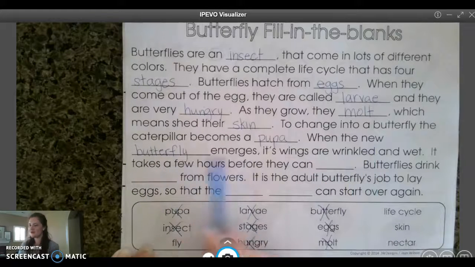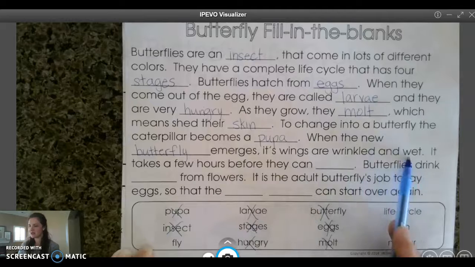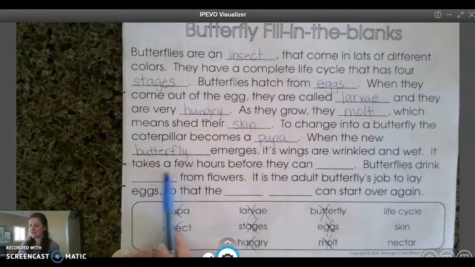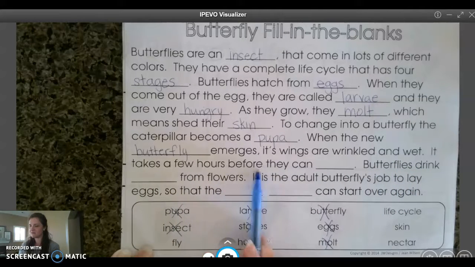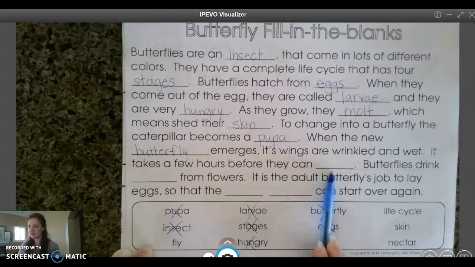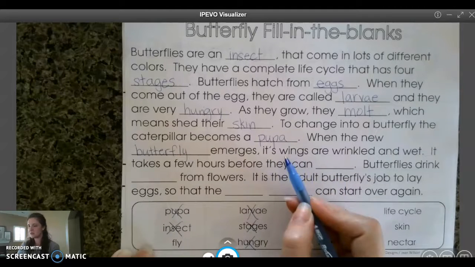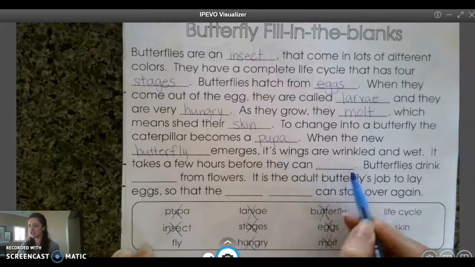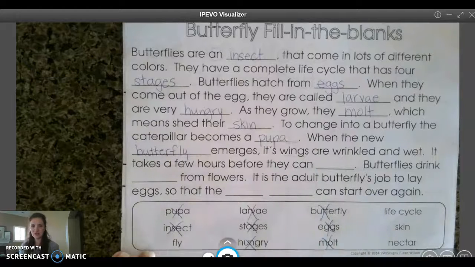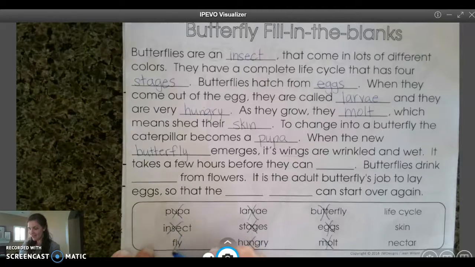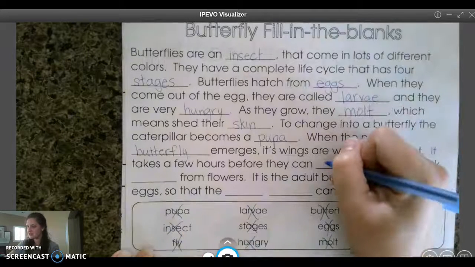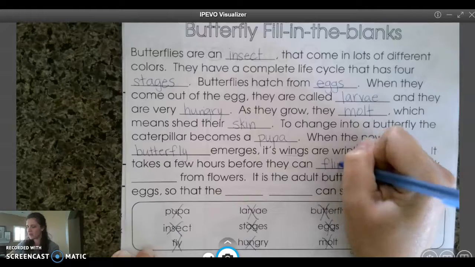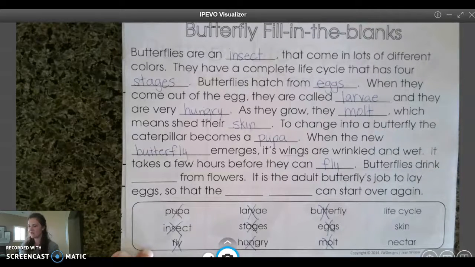When the new butterfly emerges, its wings are wrinkled and wet. It takes a few hours before they can blank. Okay, it's talking about its wings here, and then something it can do. What can something do that has wings? If you had wings, what would you be able to do? Fly. Perfect. So they have to let the wings dry before they can fly.